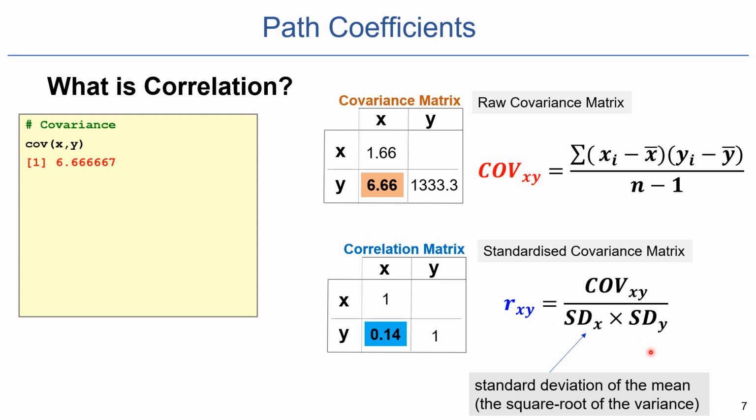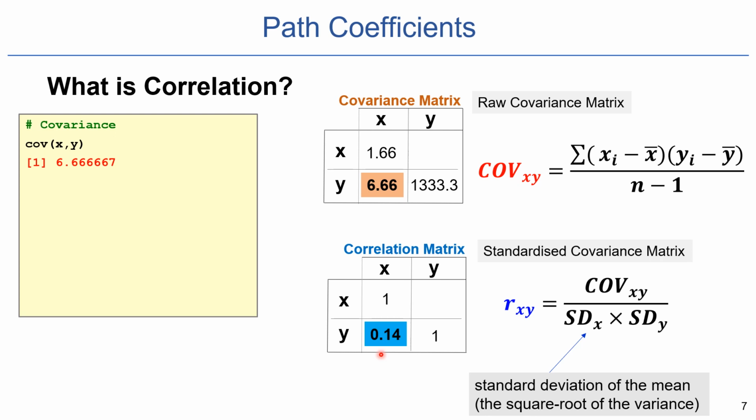And as you remember, the standard deviation is the square root of the variance. The correlation matrix, shown here, now has variances equal to 1 because they are adjusted to 1, and the covariance is brought to the common scale, from 0 to 1.